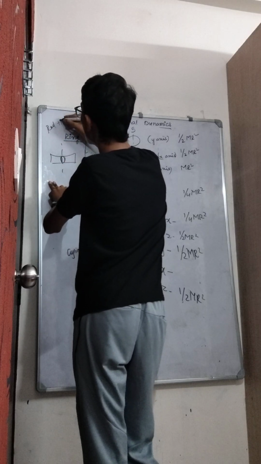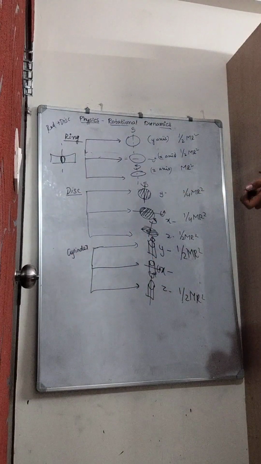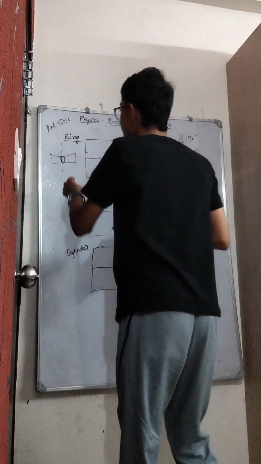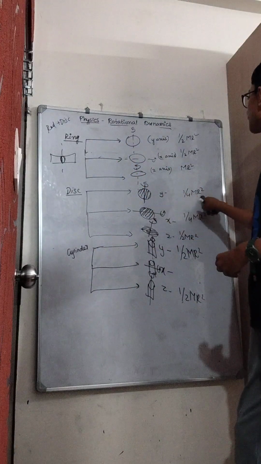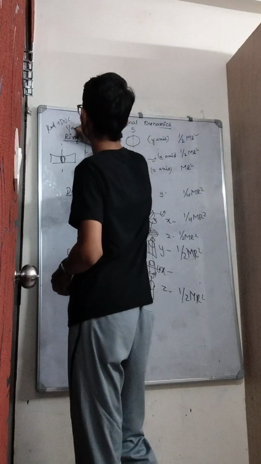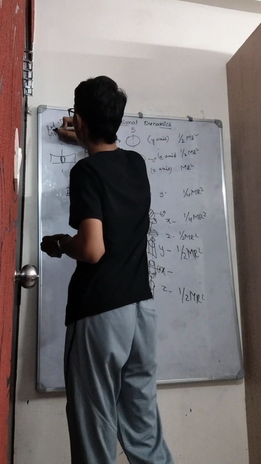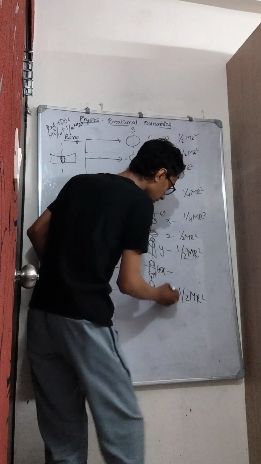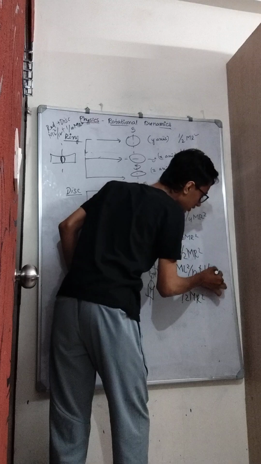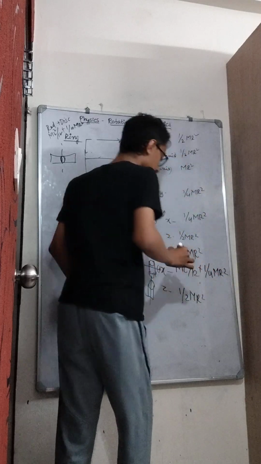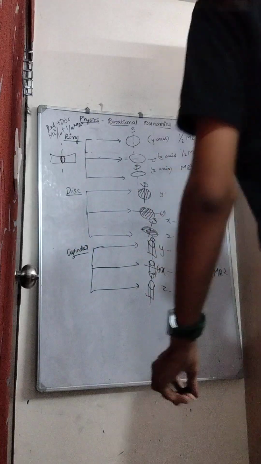So for the disc it will be 1 by 4 m r square plus the rod's moment of inertia, which is always m L square by 12. So the moment of inertia of all this will be m L square by 12 plus 1 by 4 m r square. This is for the cylinder. Please note these three down.